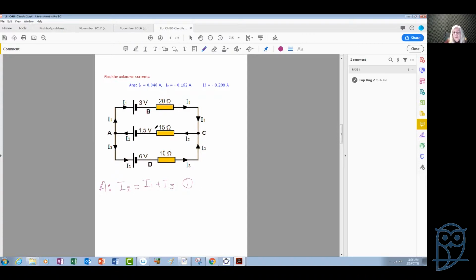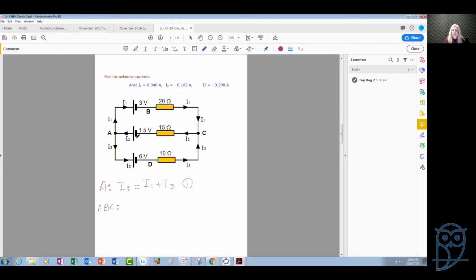So let's apply the second of Kirchhoff's rules, the loop rule, on this top loop, A, B, C. All right, let us start from somewhere. Let us start from this EMF. Now, what does this rule say?